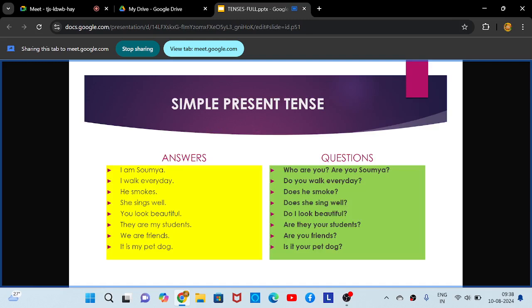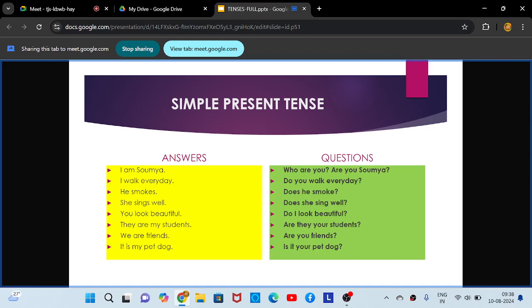It is very simple to understand, and the questions are also framed in such a way that you can very easily understand that this is in simple present tense.